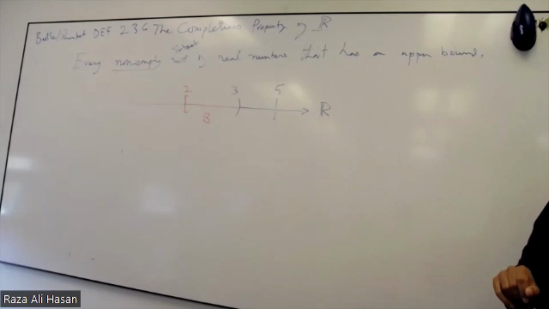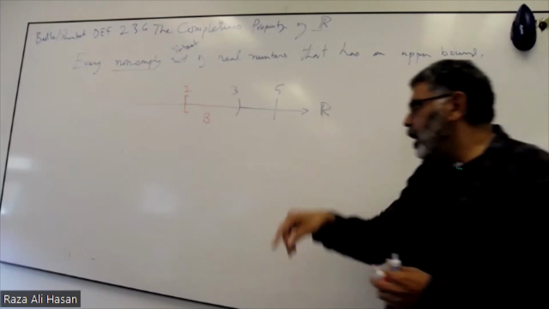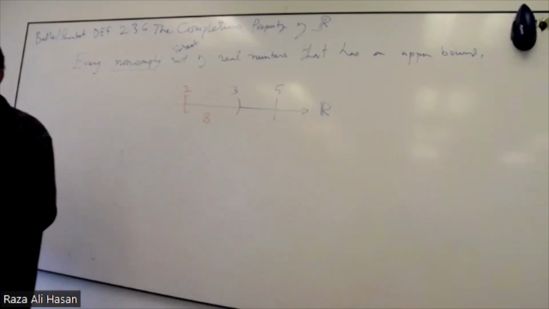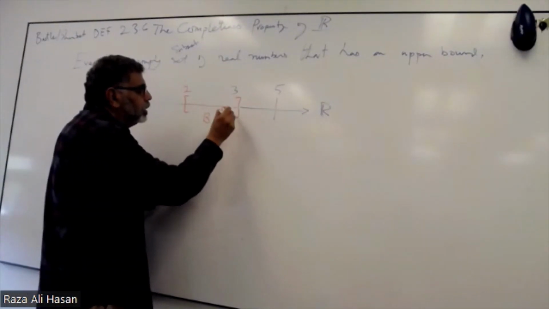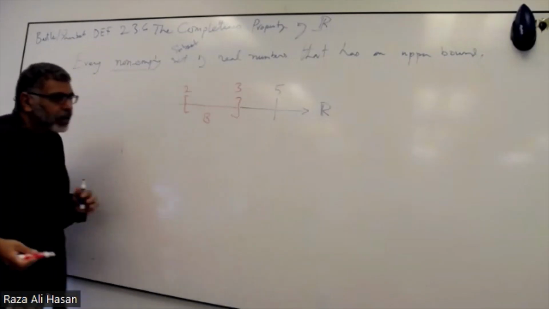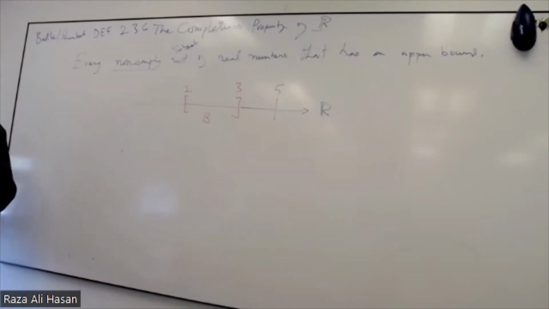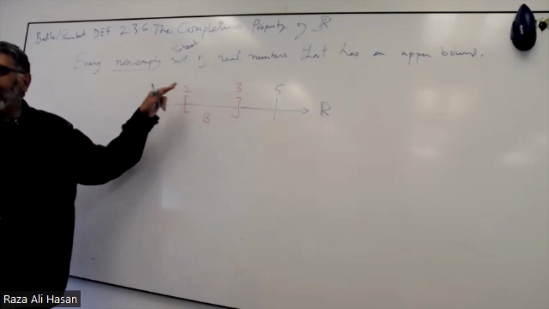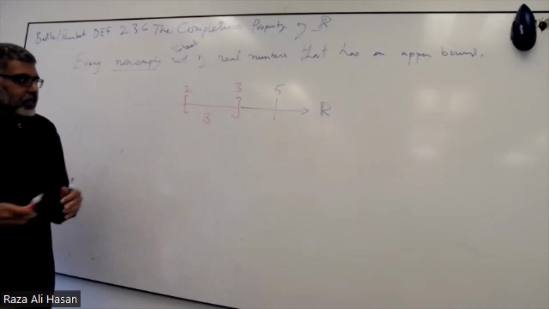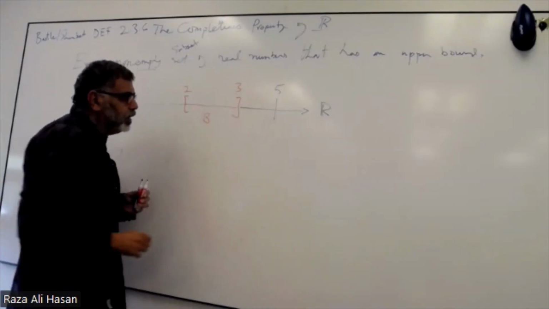And is 3 in the set B, Sophia? No. Emma says no way. We're going to go with Emma on this. How about now? Is 3 a member of the set B? Yes. Alrighty then. What are these things called? Endpoints of the subset of real numbers. Just a quick, so we could just keep that.